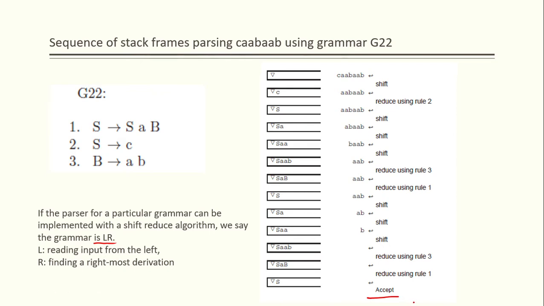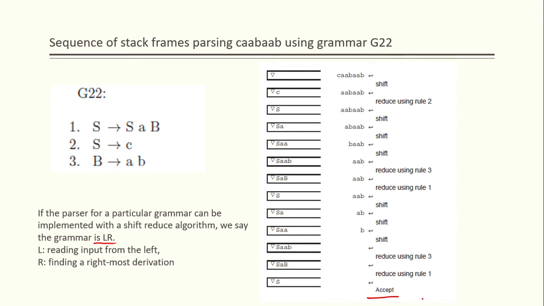LR stands for L, reading input from the left, and R, finding a rightmost derivation. So actually you are reading from the left, CAABAA, you read it from C, a left-to-right reading, but you're finding a rightmost derivation. If after you go through this sequence of stack frames you did not get accept, it means that this grammar is not LR.